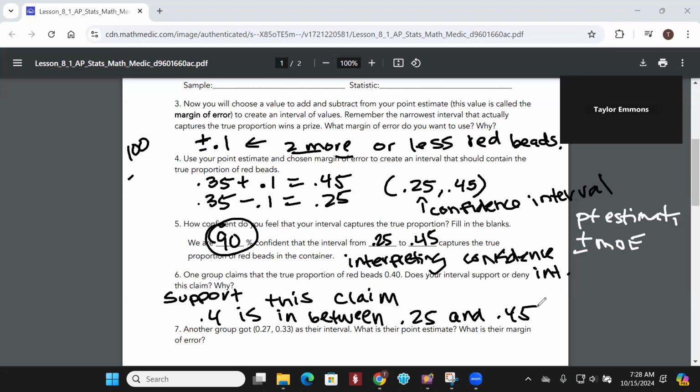Would that really be a good sample? How would you know whether it's a good sample? I've never seen the jar. That's why you have to repeat it.